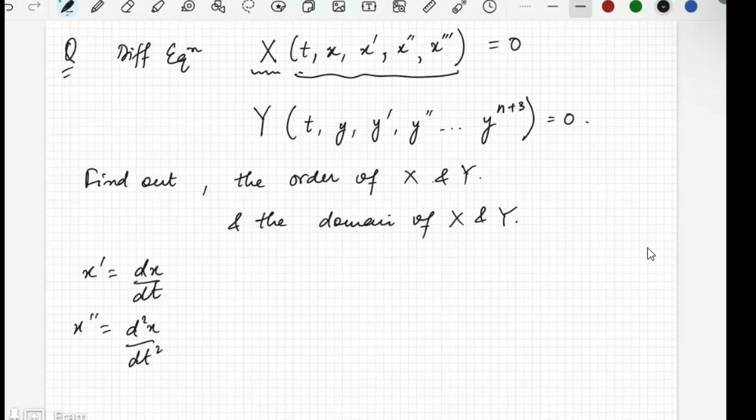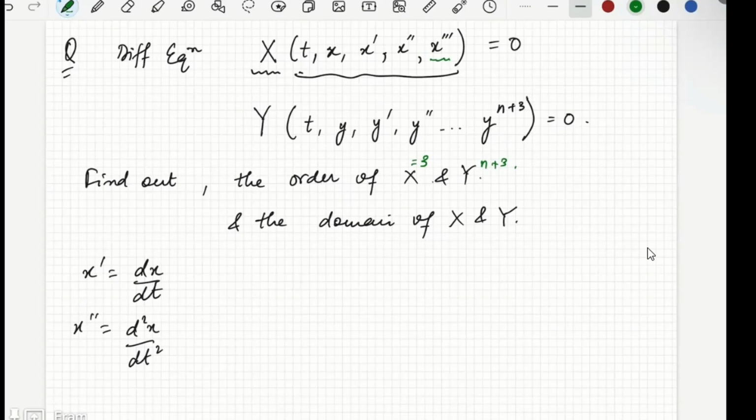So the order of x is 3, because the highest derivative is 3, so its order is 3. And what for y? N plus 3. Yes, it is n plus 3. So order is nothing but the highest derivative that is present in the system.